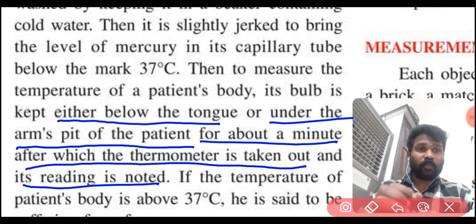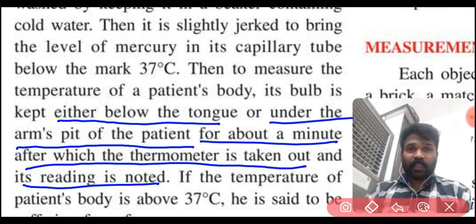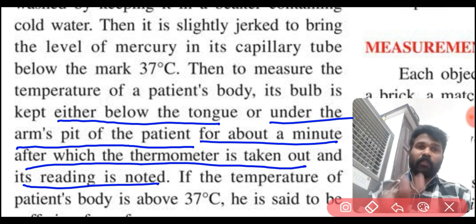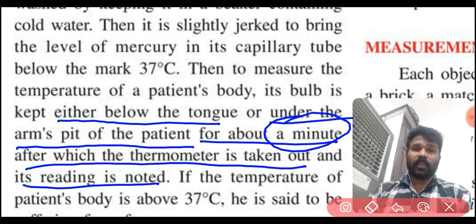So where to keep the thermometer? Either below the tongue or under the armpit. How much time? About 1 minute. After this 1 minute, you have to take out the thermometer and note the reading.